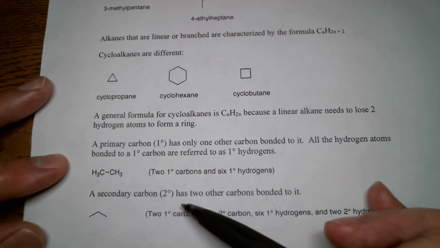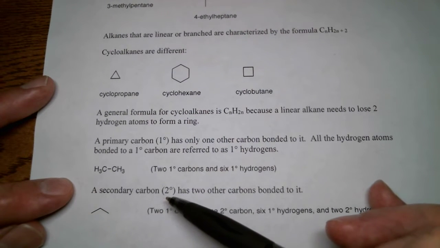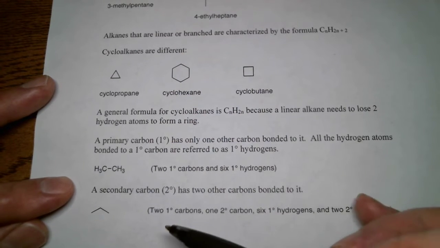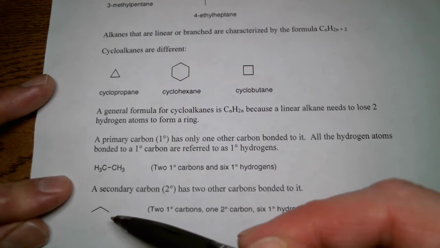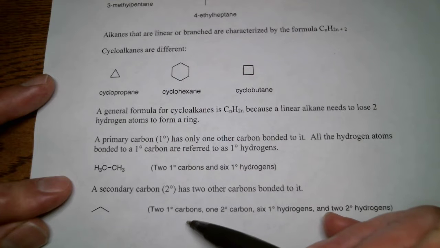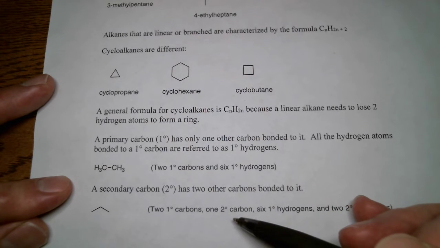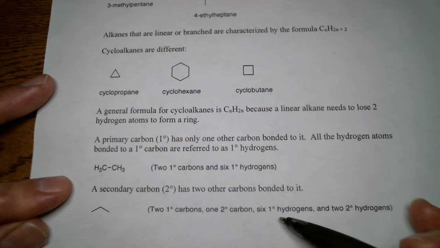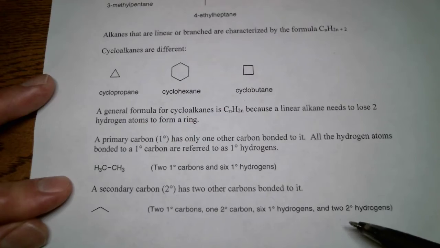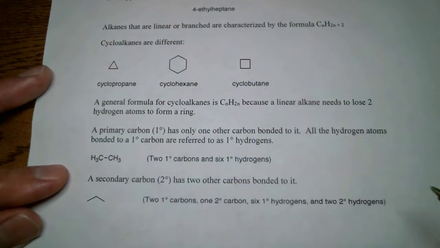A secondary carbon has 2 other carbons bonded to it, and we symbolize it with a little 2 with a degree sign. So this is propane. There are 3 carbons in it, and it possesses 2 primary carbons and 1 secondary carbon. And of course there are 6 primary hydrogens, and the secondary carbon has 2 secondary hydrogens.